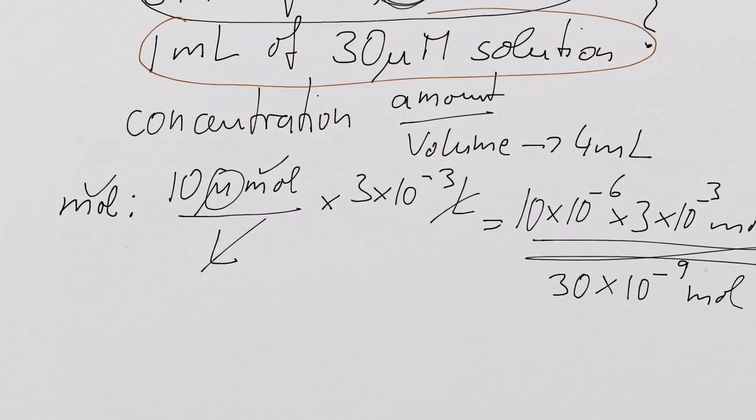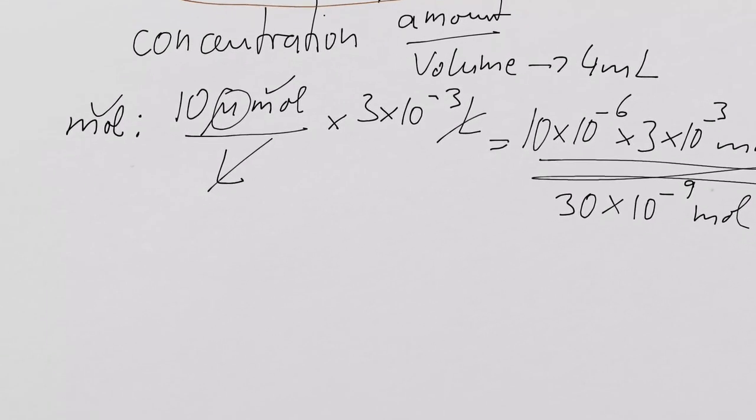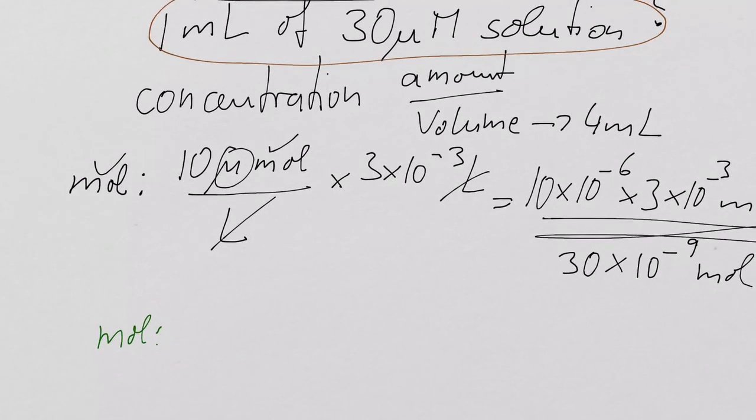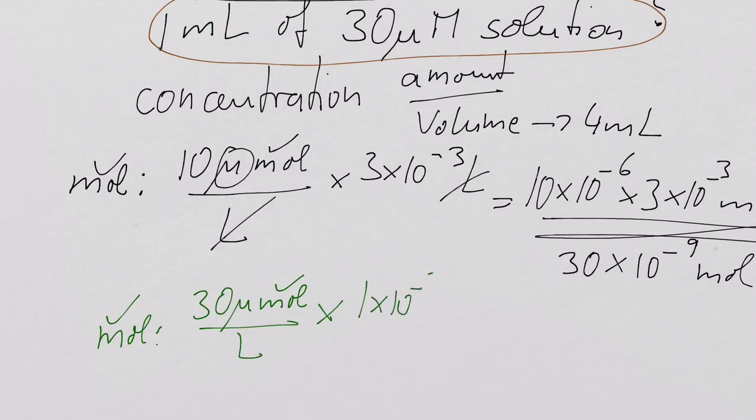Now for the second solution, I do exactly the same thing. So for the second solution, I have a 30 micromolar solution. So 30 micromole per liter. The moles are all right. I now get rid of the liter, so that's 1 times 10 to the minus 3 liter. Liter cancel out.